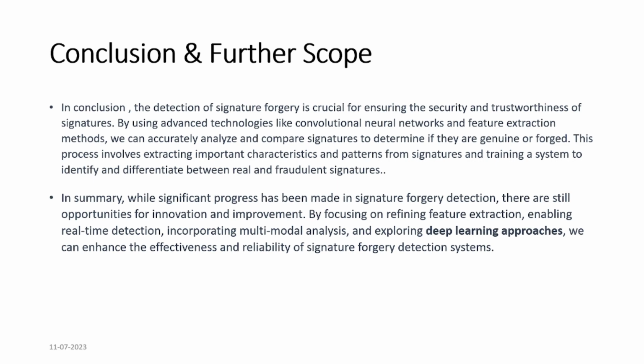Although signature forgery detection has made significant advances, there are still areas for innovation and improvement. By improving feature extraction, enabling instant detection using multimodal analysis, and exploring deep learning approaches, we can increase the efficiency and accuracy of signature forgery detection systems.